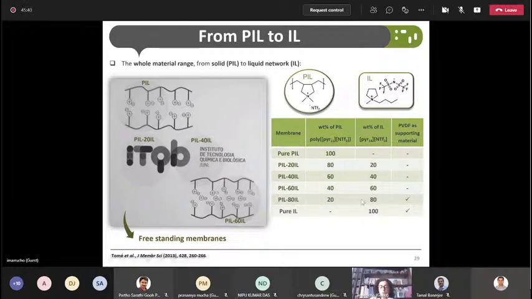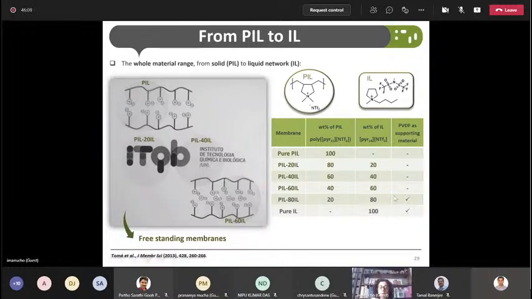These two with the highest amount of ionic liquid, we could not prepare. The last one, it's understandable, but the 80% of ionic liquid, we could not prepare it as a freestanding membrane because it breaks down, it is very jelly, and so we supported these as we supported films.